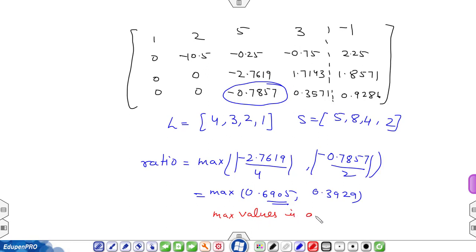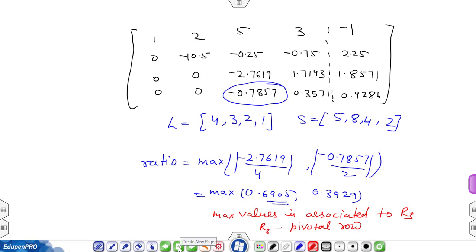Out of this, the maximum ratio is associated to R3. So R3 is the pivotal row, so no change will occur. We will keep the matrix as it is, no row change will occur.